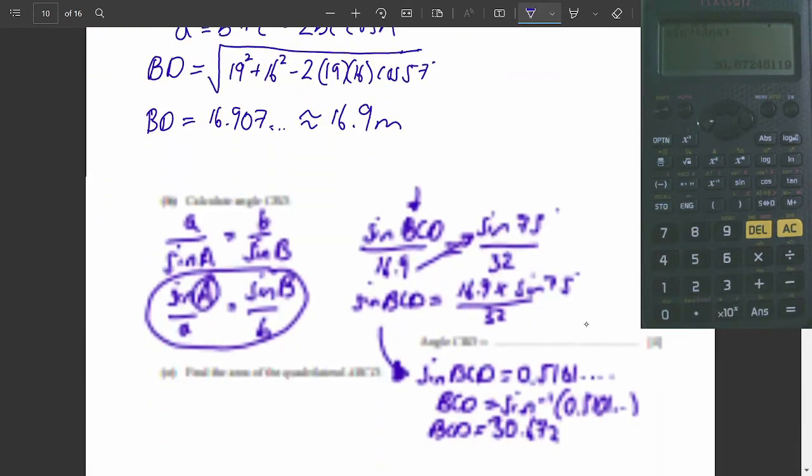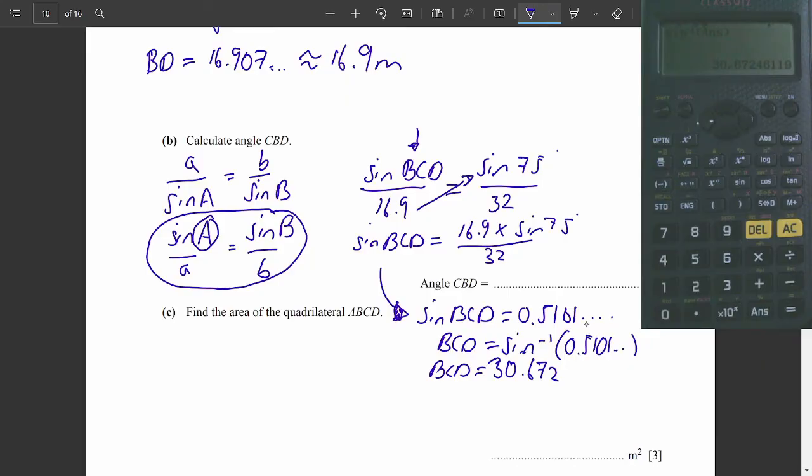So my next step will be, oh my goodness, run out of space, 180 minus angle BDC, which is 75, and the one we just worked out.